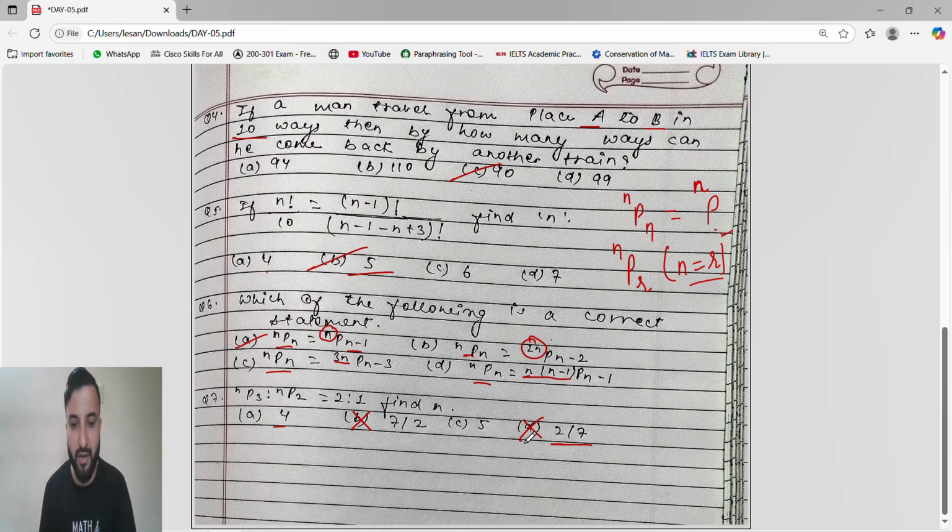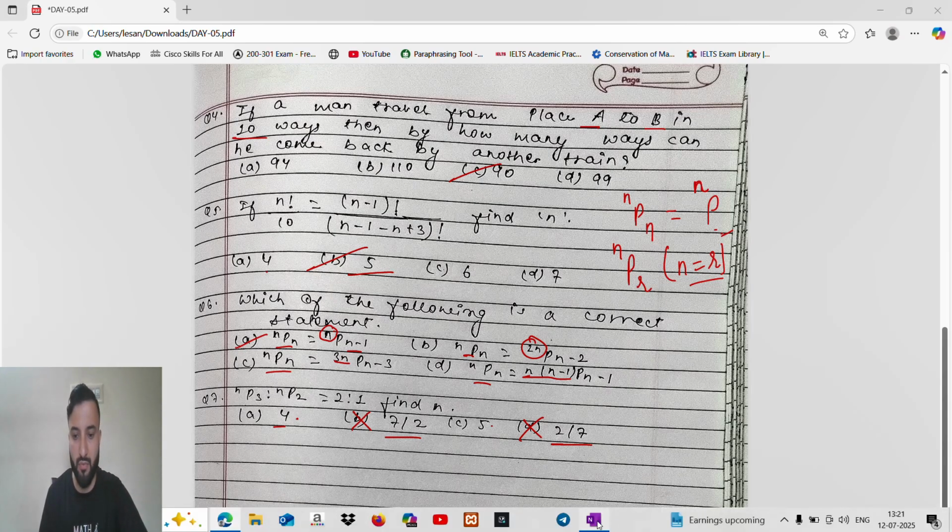Whenever you see a fraction for n or r, you can cancel it directly, because factorial does not work with fractions. So we eliminate the fraction option. Now either 4 or 5.